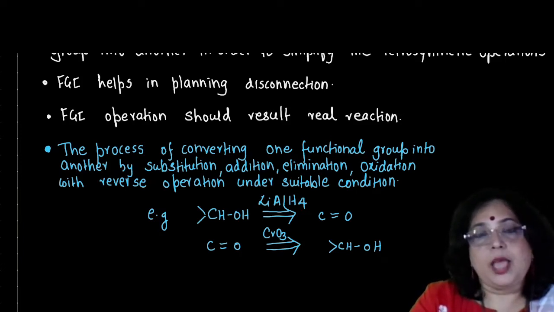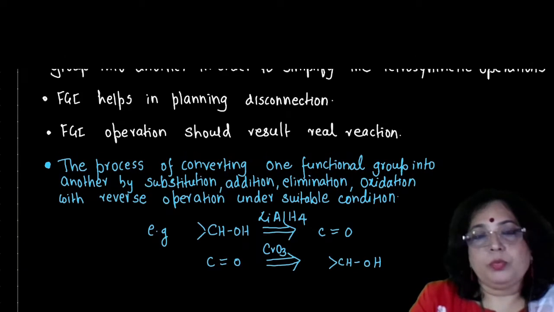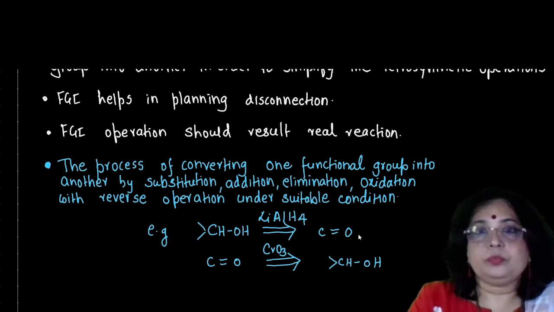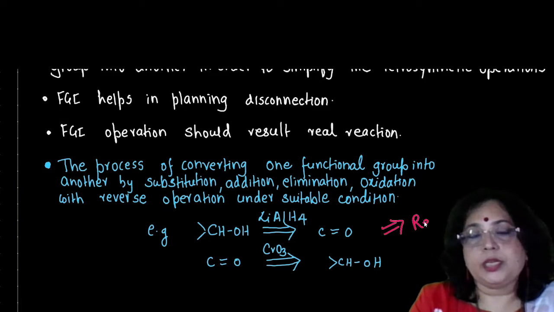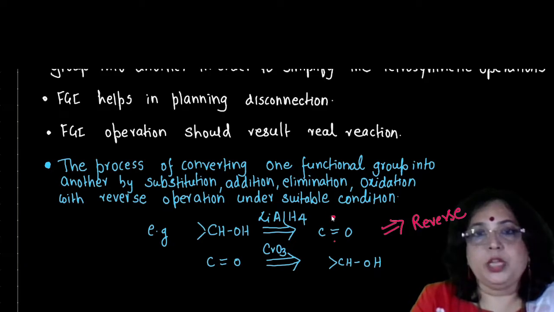This arrow is a reverse arrow and always represents a reverse direction. My thought process goes from this point to this point, starting from here and ending over here, from the carbonyl group, or ketone, to the hydroxy group.